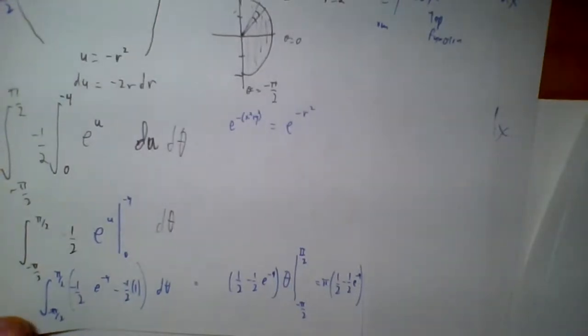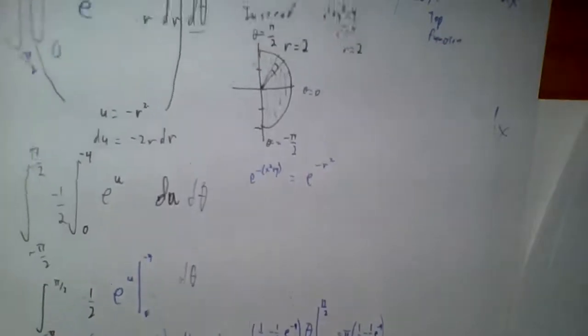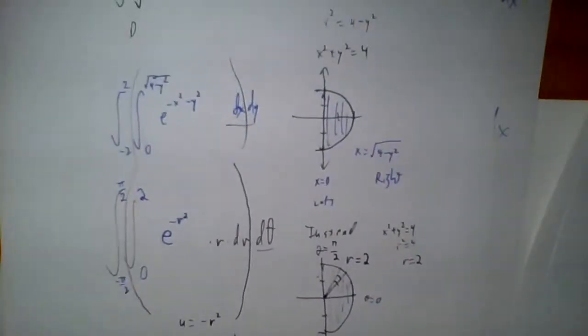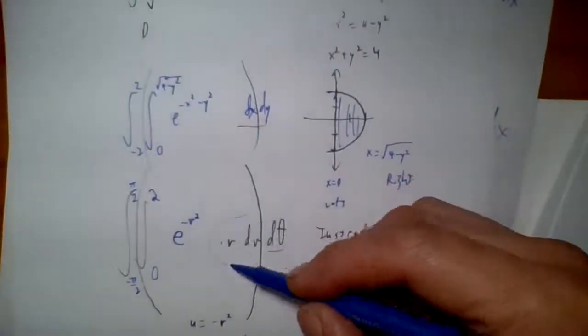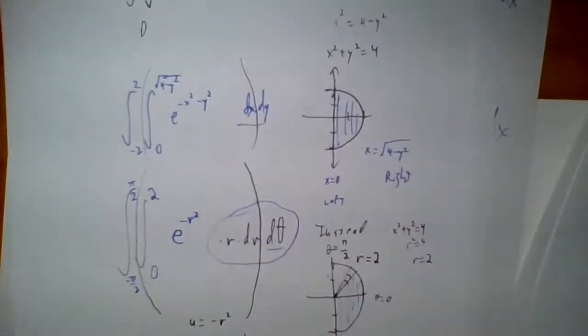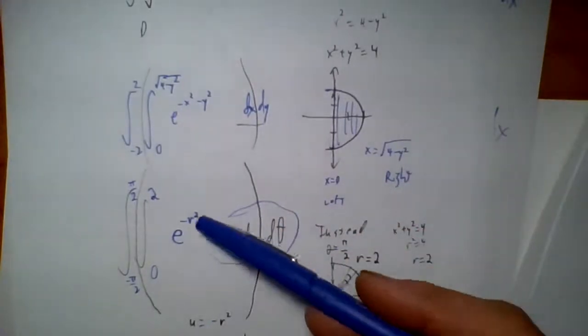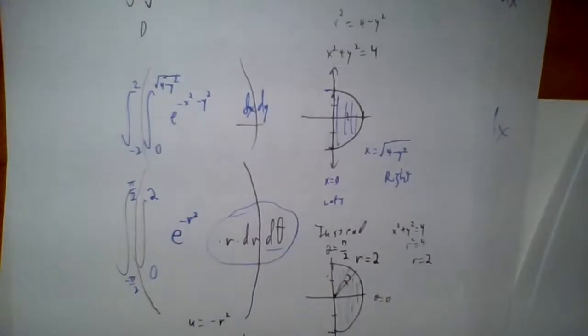The things to remember with polar is this is going to be r d theta all the time. The r is part of the function that you have to integrate right here. You almost always do the integral with respect to r is the first one, and theta is the outside one.